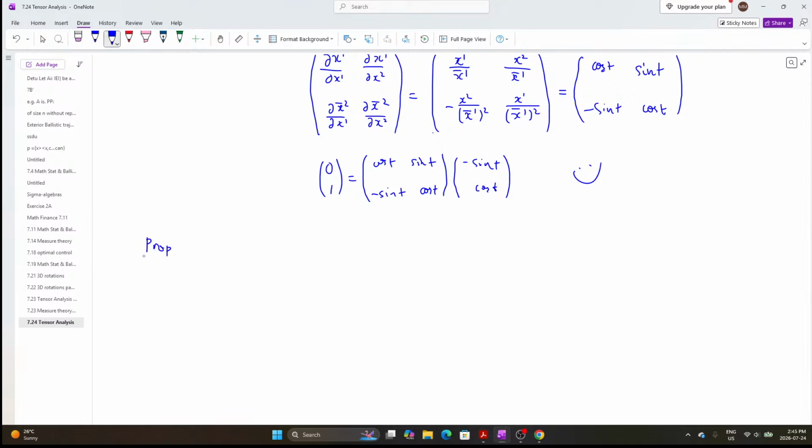Proposition: the law of transformation for contravariant vectors is transitive.